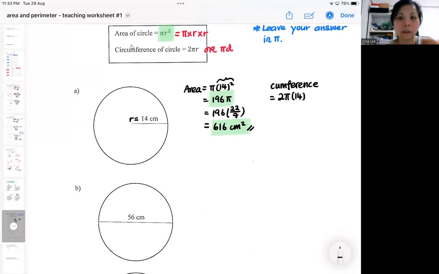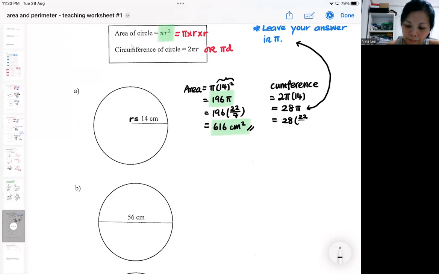If I'm going to leave it in terms of pi, I just need to punch calculator 2 times 14. So 2 times 14 is 28 pi. If the answer is leaving in terms of pi, then this will be the answer. Otherwise, you put in the pi, you got 88 centimeter.